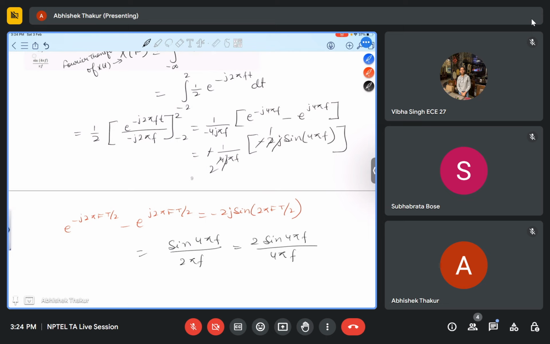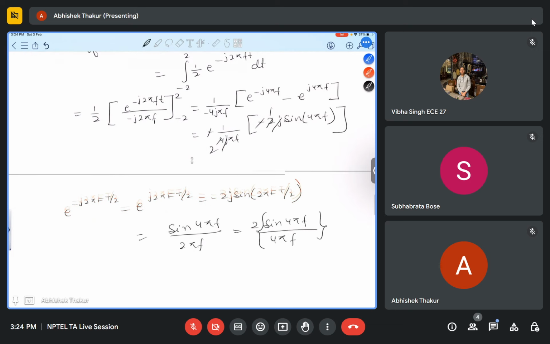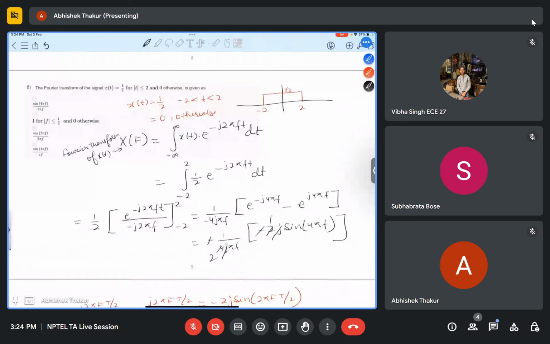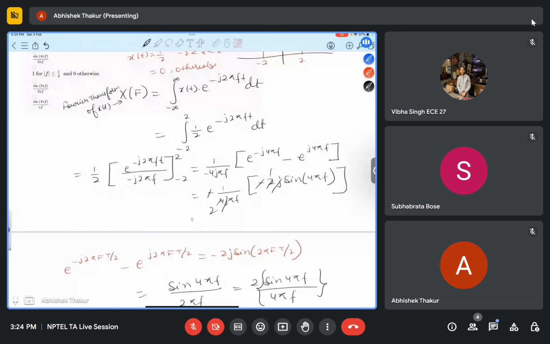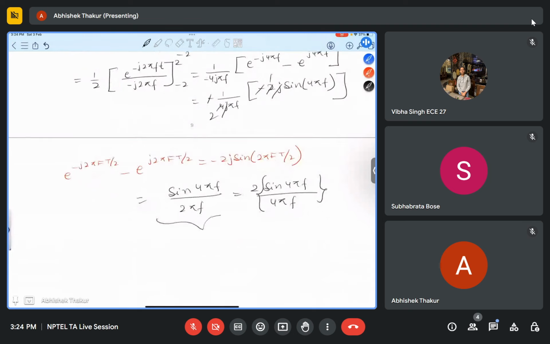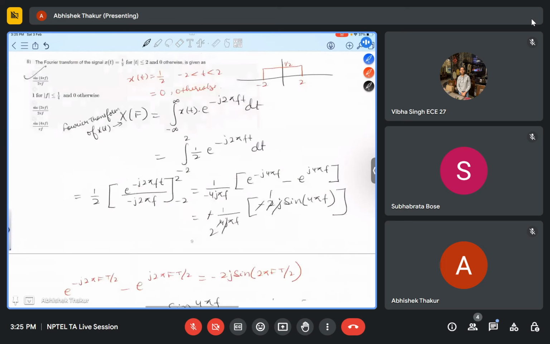So now, what is the option? Actually this option A is given here, that is similar to this. We don't have to do anything extra now. I was thinking to convert it into sinc, but here the correct answer will be sine 4 pi f by 2 pi f.